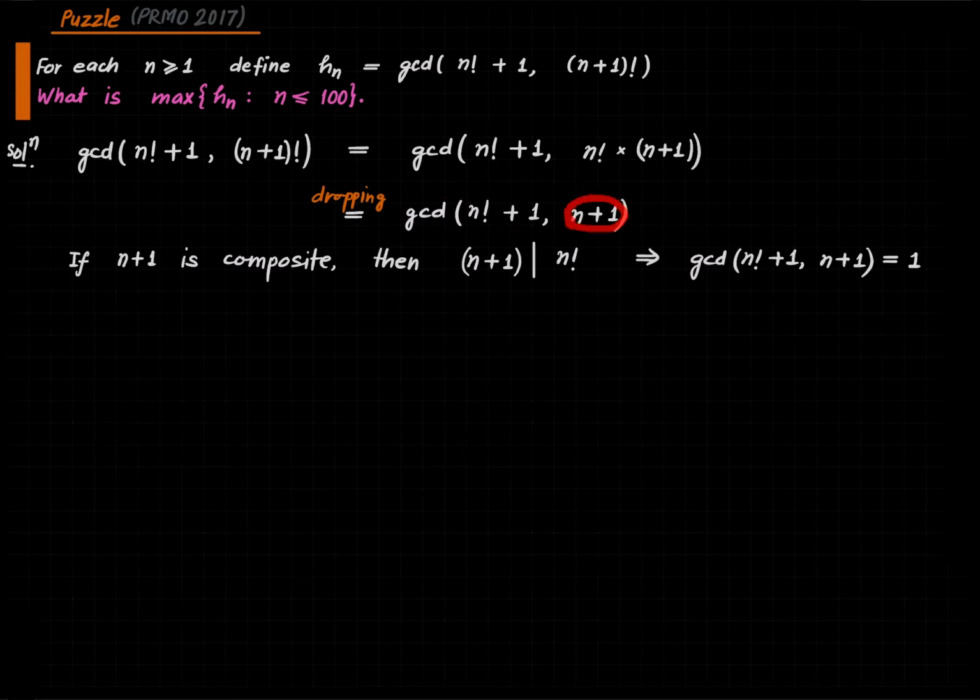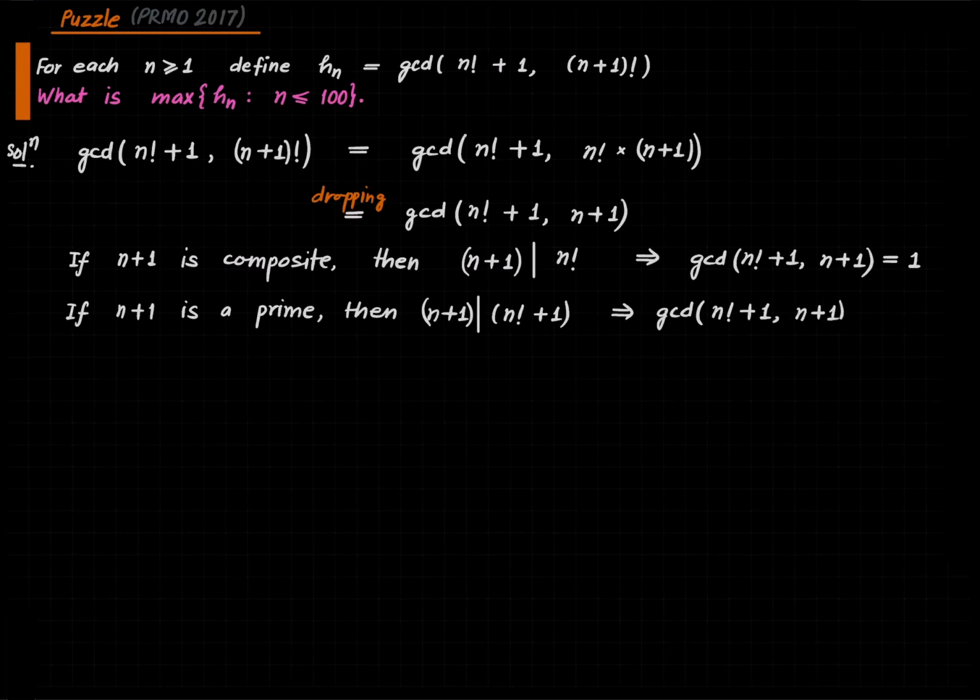And yes, when n plus 1 is prime, this leaves a remainder of 0 modulo n plus 1, this leaves a remainder of minus 1 modulo n plus 1, and therefore this would leave a remainder of 0 modulo n plus 1. Meaning if n plus 1 is a prime, this guy is divisible by n plus 1. So if n plus 1 is a prime, then n plus 1 divides n factorial plus 1 by Wilson's theorem, and therefore we get the GCD is n plus 1.